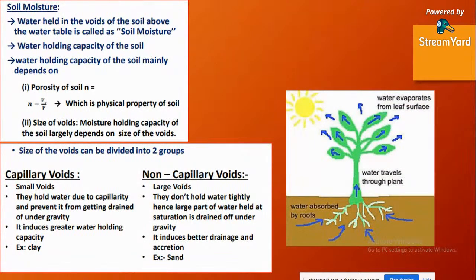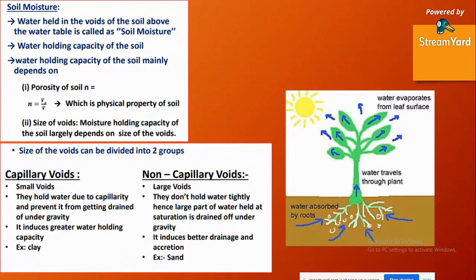First of all, you should understand what you mean by soil moisture. Soil moisture means the water that, whenever there is a rainfall or when we are applying water to an irrigation field, is stored in the voids of the soil. You can see in this figure, some small voids of the soil will be there.